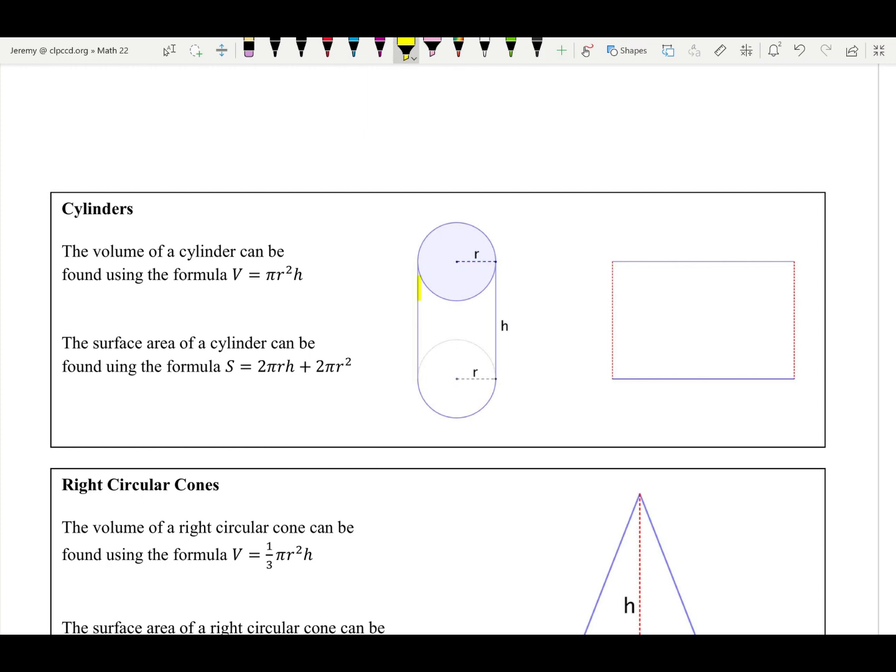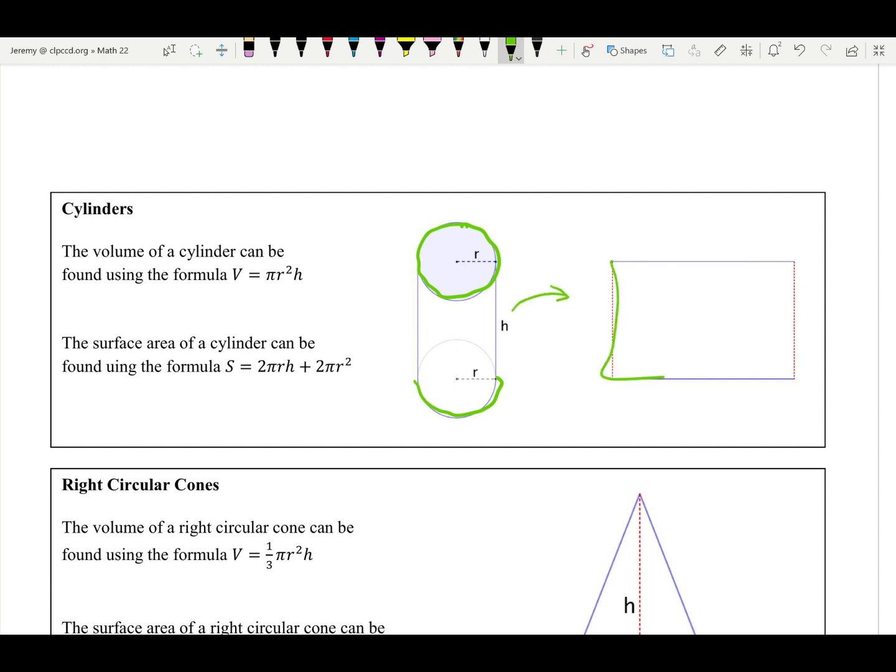And then we also need for the surface area, the area of this piece wrapping around here. How could we get the area of that surface there? Well, imagine taking that surface, like if this was a can or something, imagine cutting around, right? Cut off the top, cut off the bottom, and unroll the side.